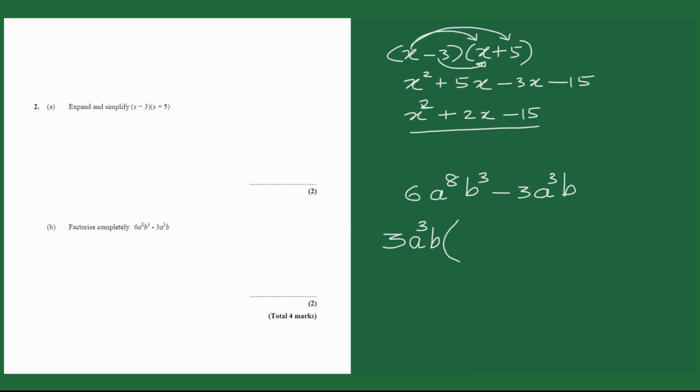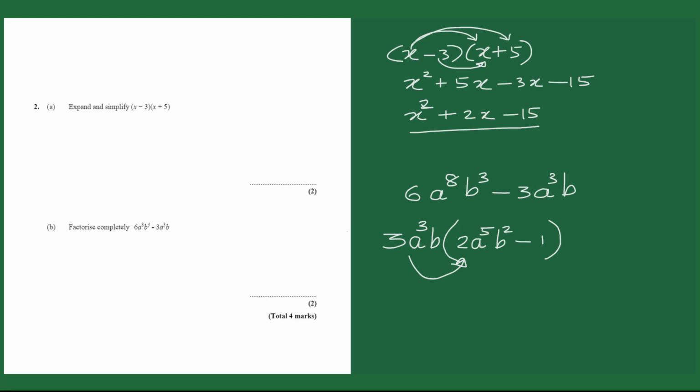B cubed and b, you can take one of the b out. Open brackets, 3 times 2 is 6. A to the power 3 taken off from a to the power 8 is a to the power 5. B cubed, b is out, so b squared is left over. Minus 3 is out, a cubed is out, b is out, so only 1 is left over.